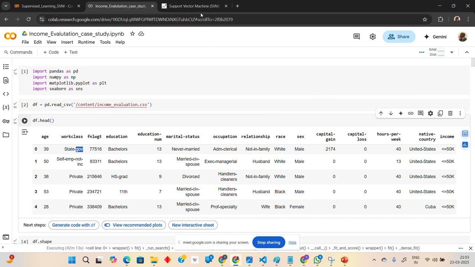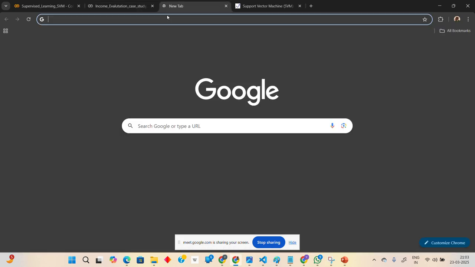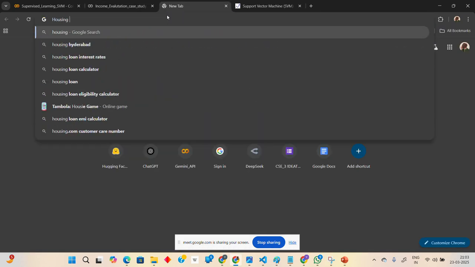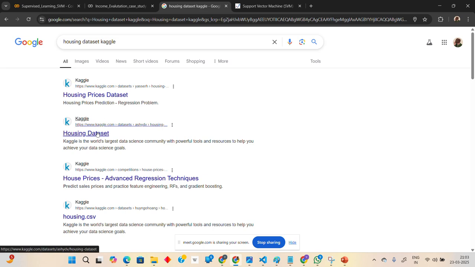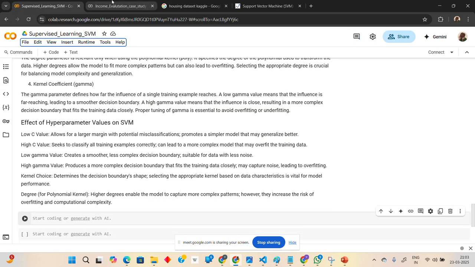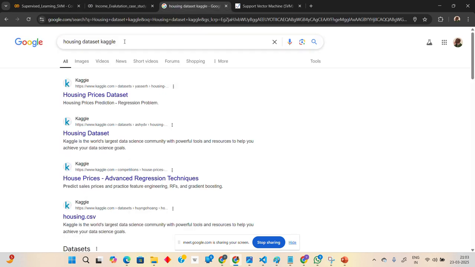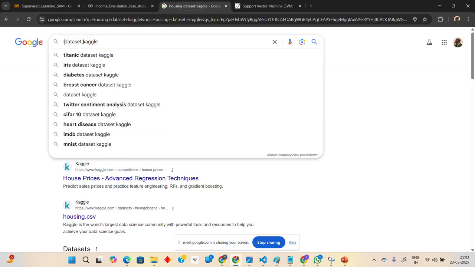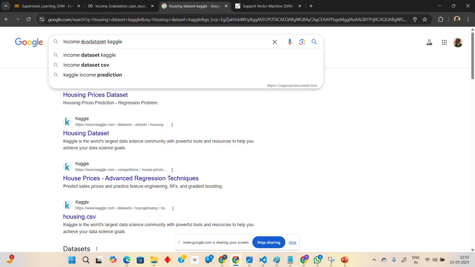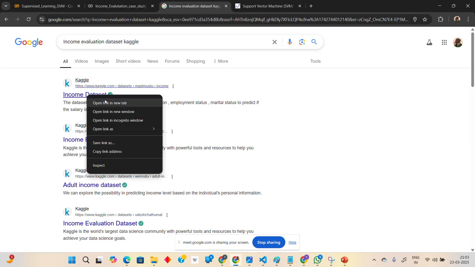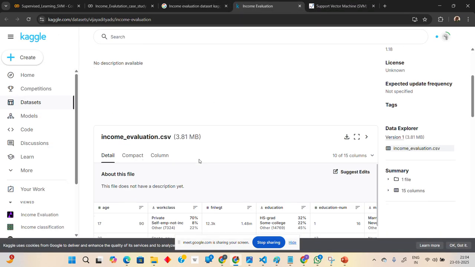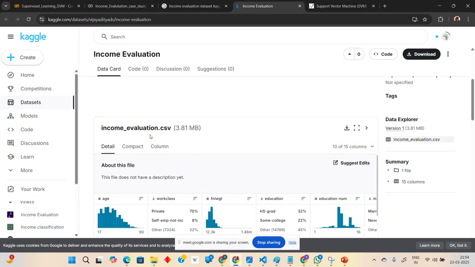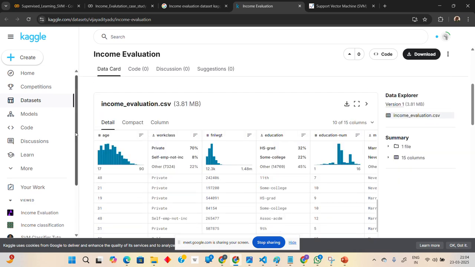In Kaggle it is available. This is the income evaluation data set.